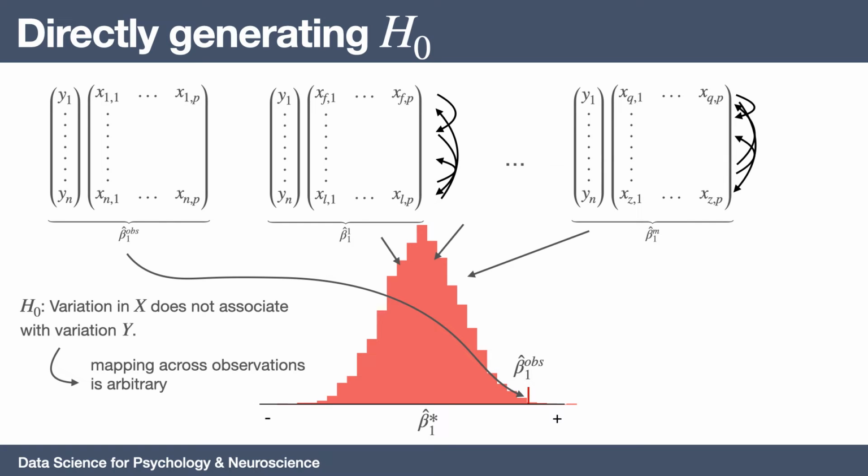It's a discrete distribution, so you can calculate your p-value directly. In this case, you would just count the number of times that you simulated in your random permutations a regression coefficient that was stronger than the one that you observed, and divide that by the number of iterations that you ran.